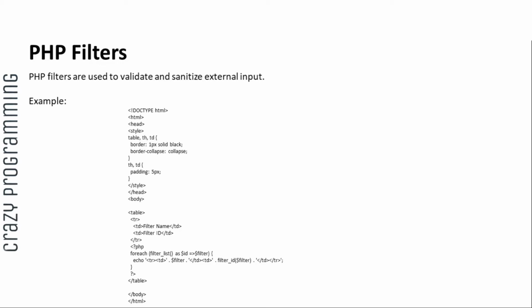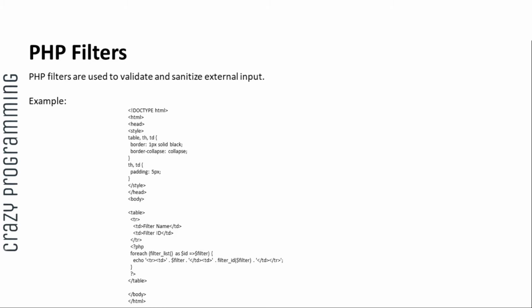And then I close the table row, and then you can see I started PHP with a foreach function. Inside foreach I use the filter_list function as id filter.